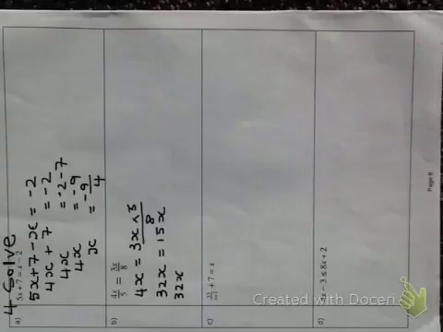Now take this 15x to the other side and it becomes minus 15x because it was plus 15x, equals 0. 32 of something minus 15 of something, 17x's equal 0. 17 times what equals 0? The answer has to be 0. So x equals, I could go 0 divided by 17, but I've still got 0. Final answer, x has to equal 0.